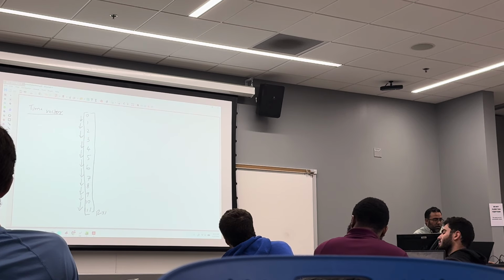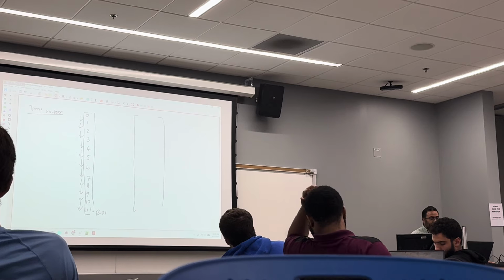Now, you want to get the estimated position and velocity of the vehicle.